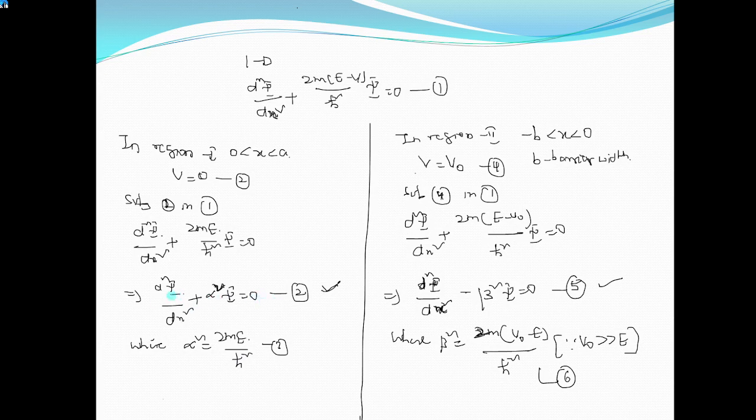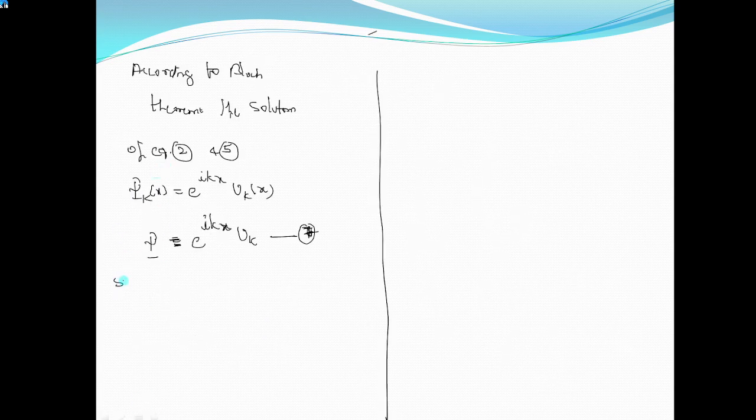If I substitute this psi value in equation 2, I will get one equation. If I substitute it in equation 5, I will get another equation. So substituting 7 in 2 and 5, we get 2 equations.